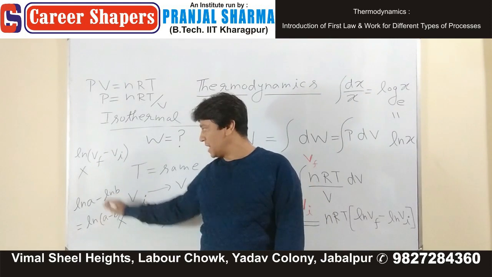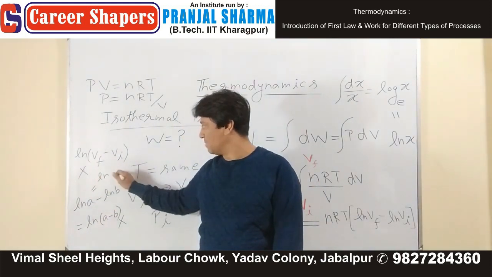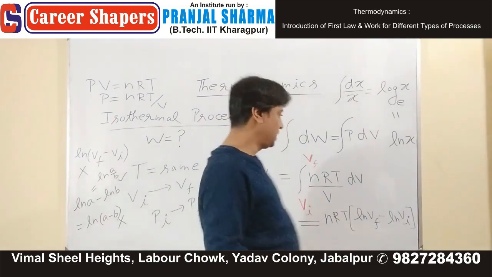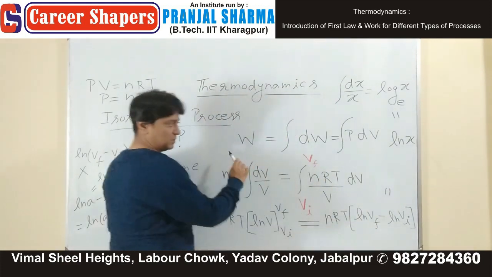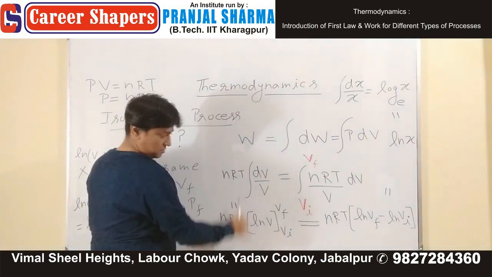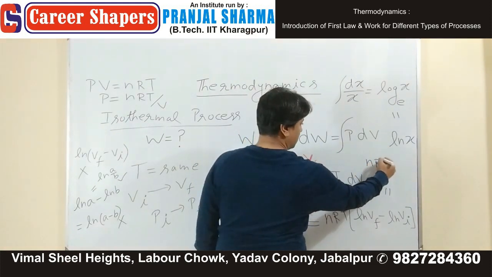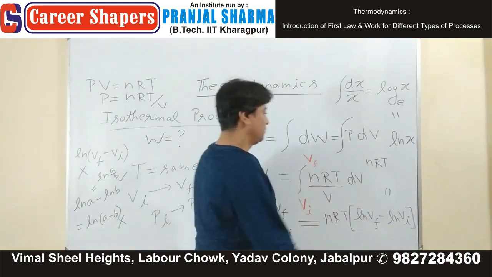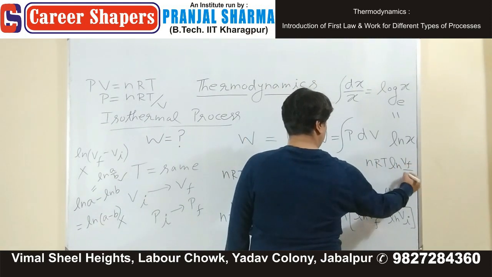What is log A minus log B? I hope you remember. If you do not, then remember now. It is log of A upon B. Log A minus log B is log of A upon B. That means this is coming, remember, nRT log A minus log B, which is log of V final upon V initial.